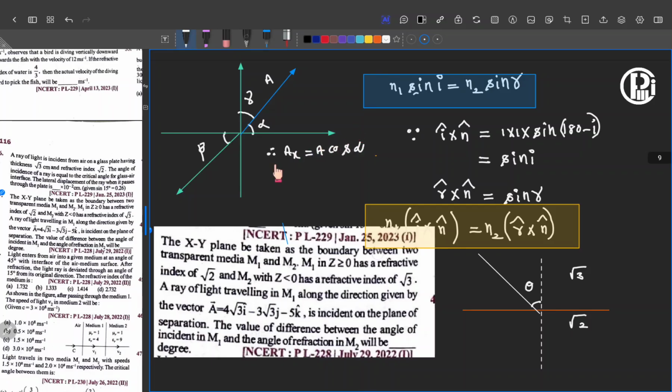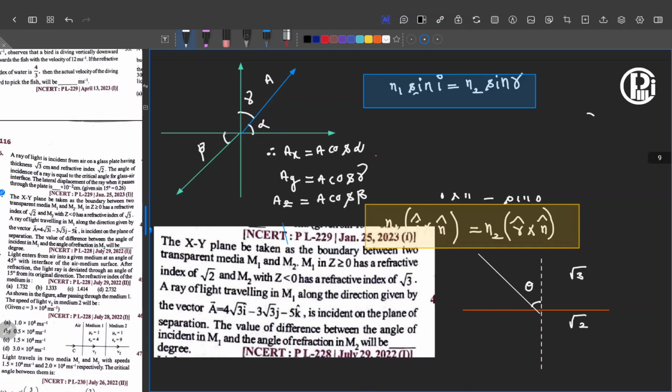Along y, ay is a cos gamma, sorry, my mistake, and az is a cos beta.